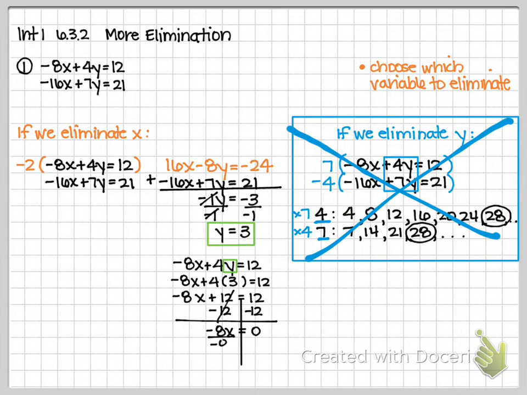So divide by negative 8. If you have 0 in the top of a fraction, it's actually kind of nice. The answer is just 0. Okay, from here, write it as a point. So we have our solution written as 0, 3.